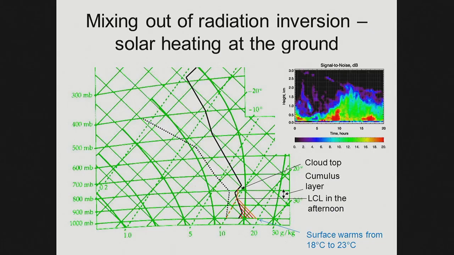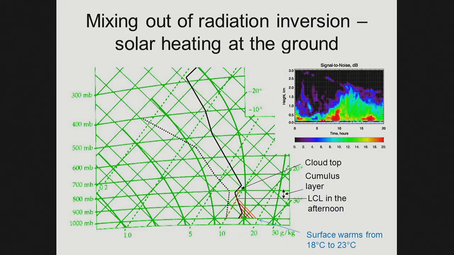And so you basically find that a parcel of air at the surface would lift until it reached this black line. And then as it keeps on heating, it will lift a bit higher, a bit higher, a bit higher, and a bit higher. That's because it's got more buoyant energy because of the heating by the sun.